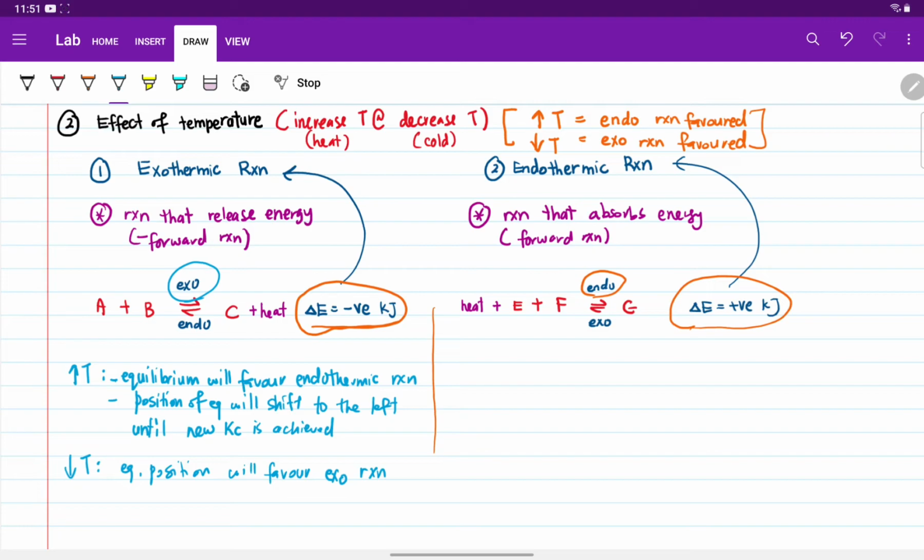Forward reaction. So, kita akan kata position of equilibrium, okay, will shift to the right. Sampai bila? Until new Kc is achieved. Ataupun kita kata senang, until equilibrium is achieved. Okay, fahamlah dekat sini ya.